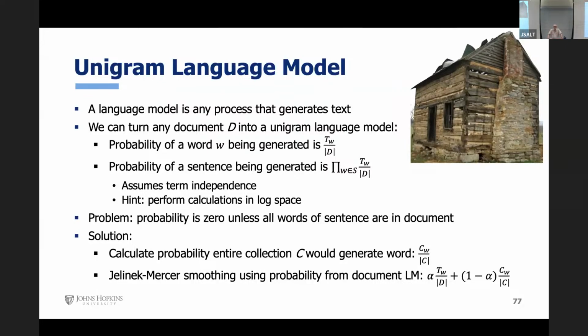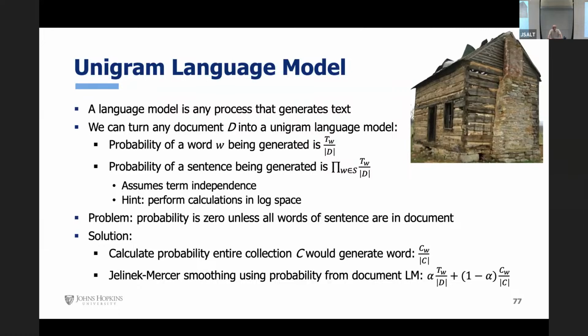They're just treating words as separate components and not worrying about how they go together. We can take a document and turn it into a unigram language model, right? The document has a term frequency for each of the terms, and we can build a language model that just generates terms with those frequencies, right? And this assumes term independence, which obviously words are not independent.